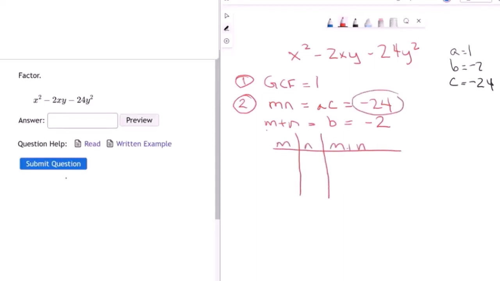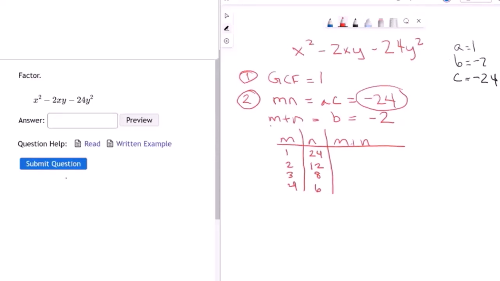I have to have two numbers that multiply together to give me -24. I start off not worrying about the negative. 1 times 24, 2 times 12, 3 times 8, 4 times 6. It's not divisible by 5. It's divisible by 6, but I already have 6 under my n.